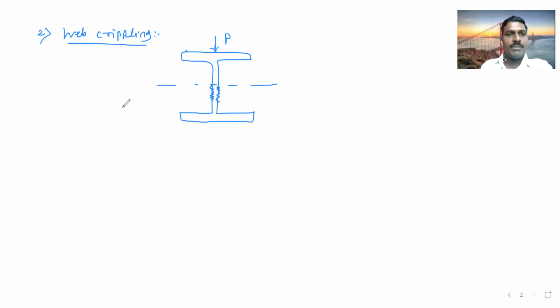So this is the beam crippling. Why will this beam fail? Because the load P is greater than the ultimate load Pu that this beam can take, and a greater load comes.